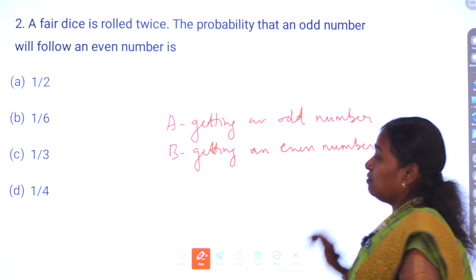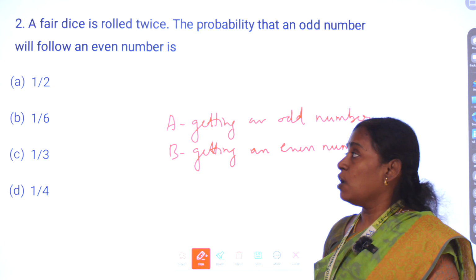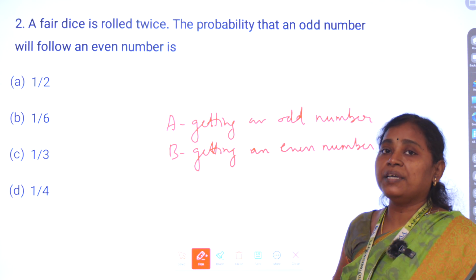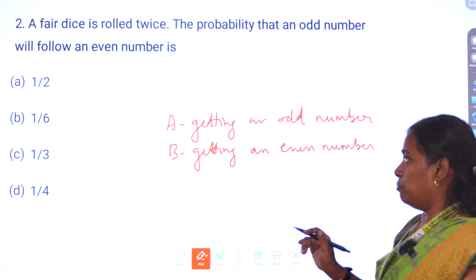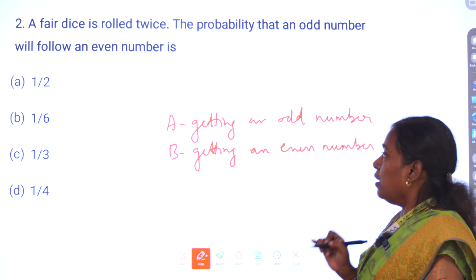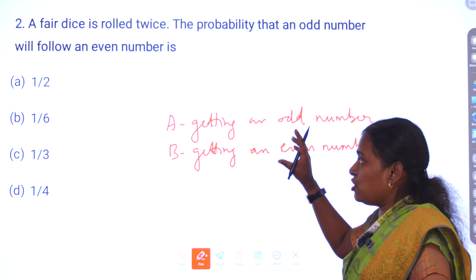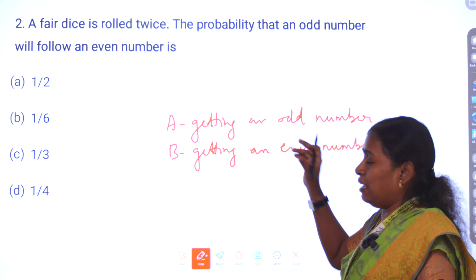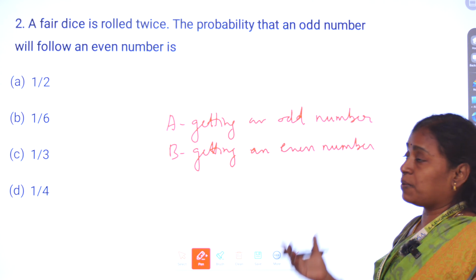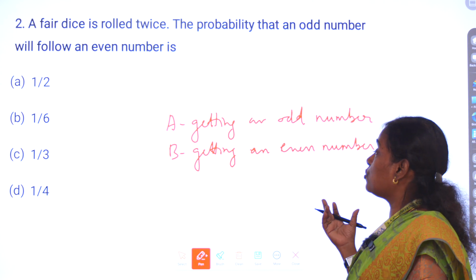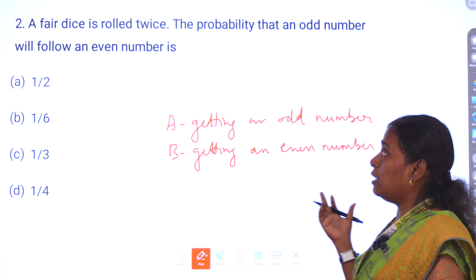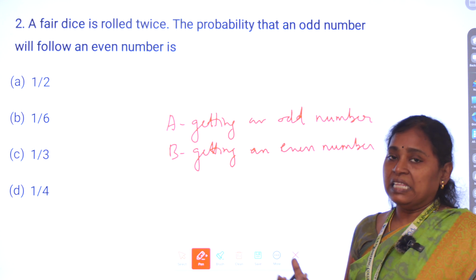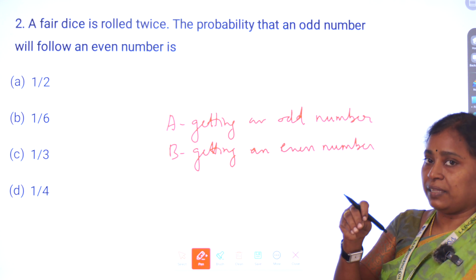So in the question we are talking about 2 events. One is getting an odd number, another one is getting an even number. Now the next step is we need to find the nature of the events, because nothing is mentioned in the question. They have just asked us to find the probability that an odd number will follow an even number. The nature is not given, you need to find the nature.